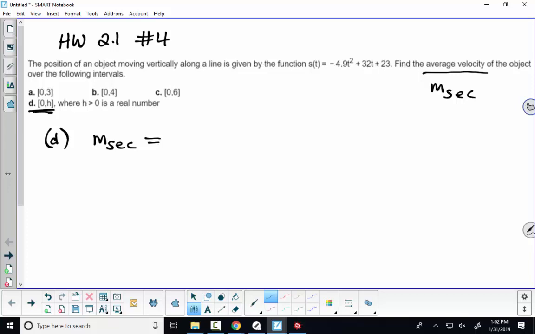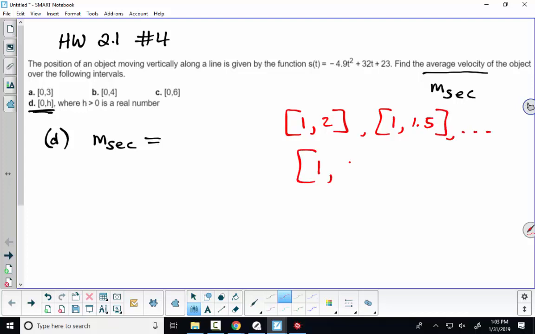So this is similar, except instead of 1 to 1 plus h, this is 0 to 0 plus h, basically, is the only difference here. Right? Does that make sense, that this is totally similar to that? So if I'm looking at intervals from 1 to 2, and then 1 to 1.5, in general, I'm looking at intervals from 1 to 1 plus h, where h is just some small step size from 1.